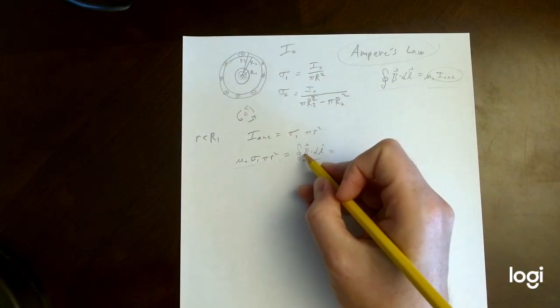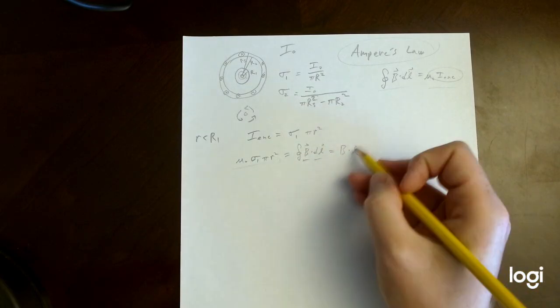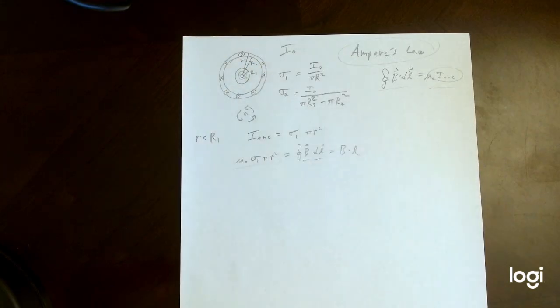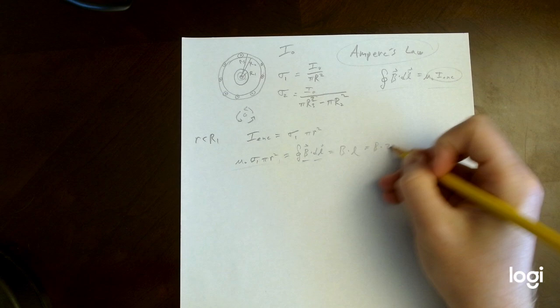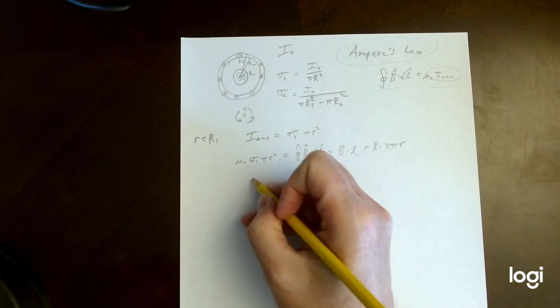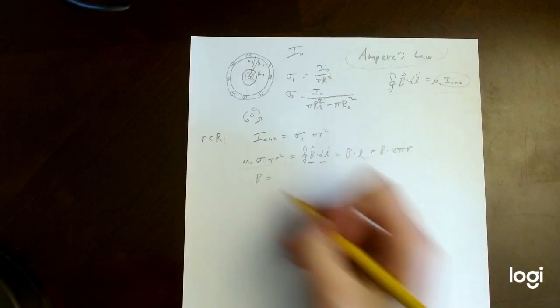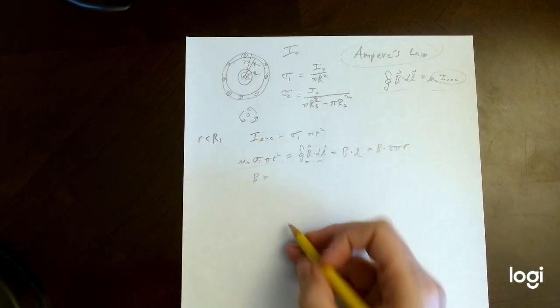So now we can just say this breaks down to B times L, where L is the circumference of that loop, which is B times 2 pi r. And so if we solve for B, dividing both sides by 2 pi r, the pi and a factor of r will cancel.